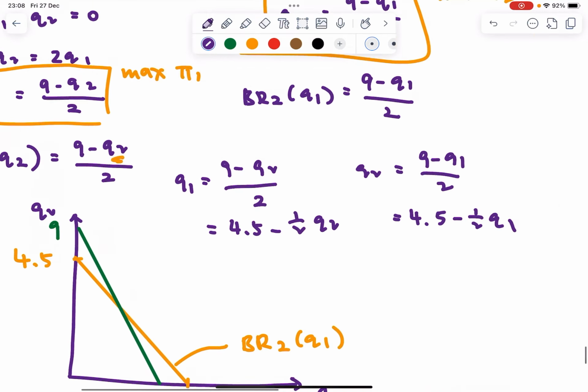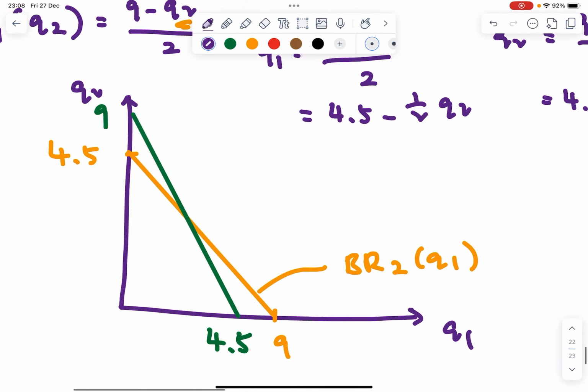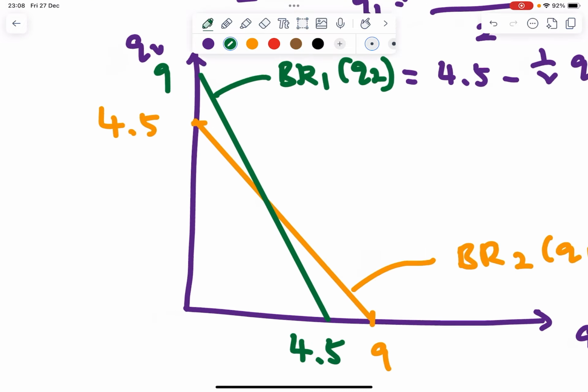So if you look at both of these best response curves, they're just like a mirror image of each other, kind of. That's why we say that their payoffs are symmetric. So we call this the best response function of firm 1 given any Q2.